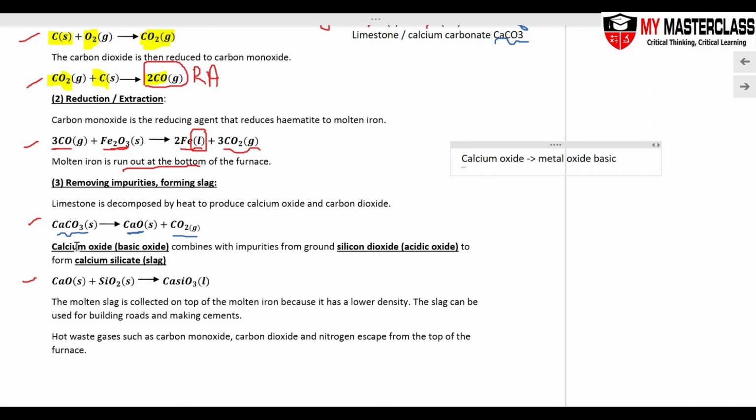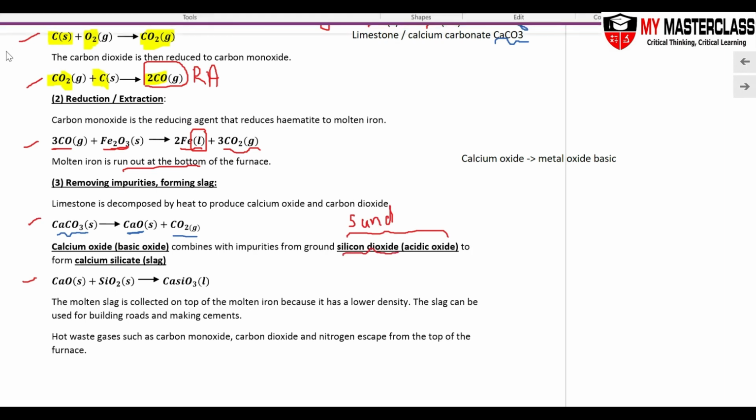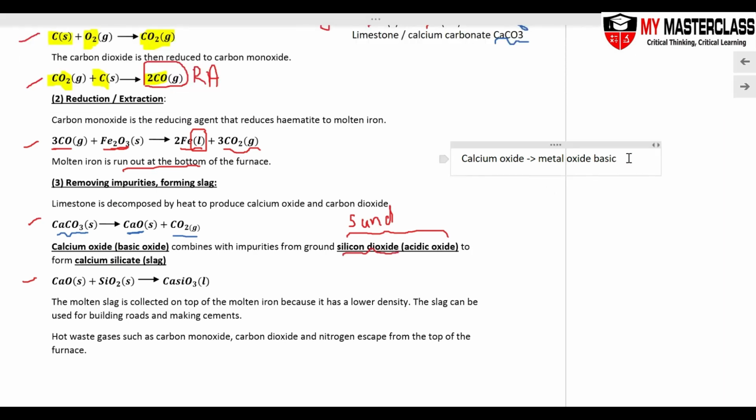This metal oxide combines with the impurities from the ground, so the sand that we get when we dig out the hematite. This sand is my silicon dioxide, SiO2, which is a non-metal oxide, which is acidic.